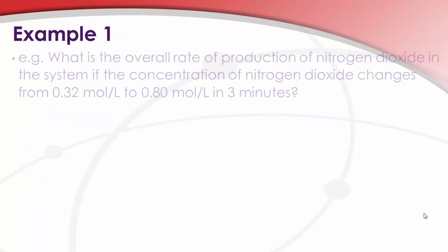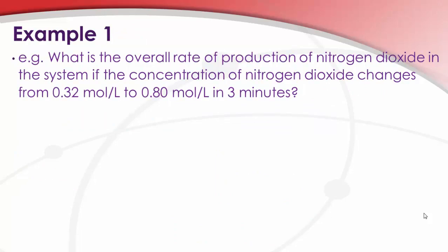So let's take an example to illustrate this. If we have the reaction to produce nitrogen dioxide and we want to measure the rate, we might measure the amount of nitrogen dioxide. In this case, it goes from 0.32 moles per liter to 0.8 moles per liter.